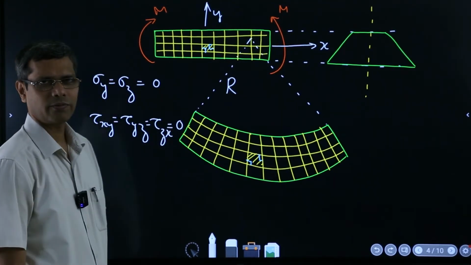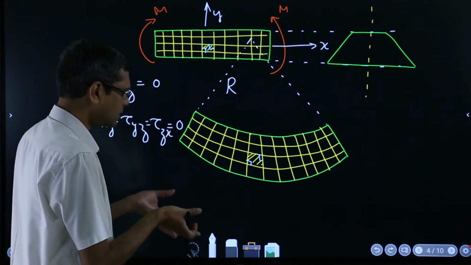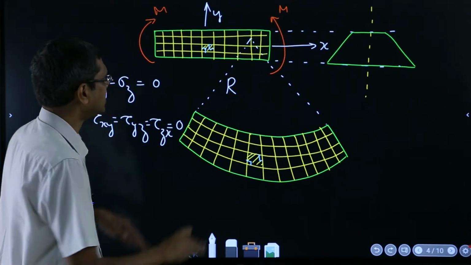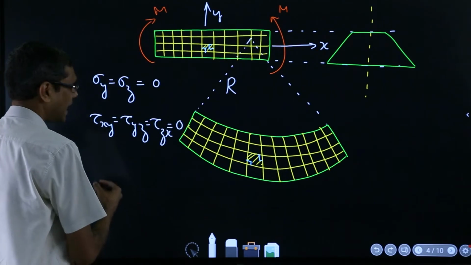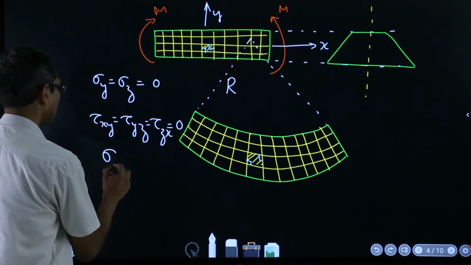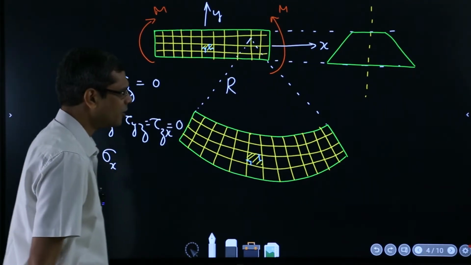Everything is 0. The only thing which will remain is the normal stress in the x direction, which is sigma x.